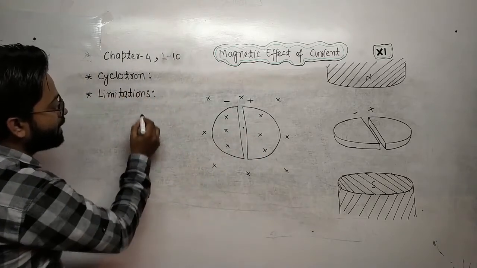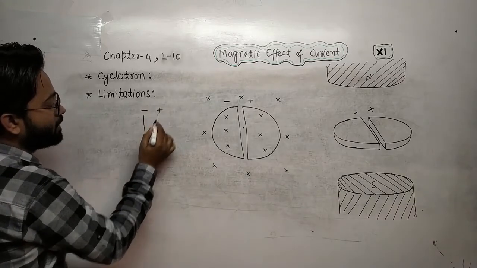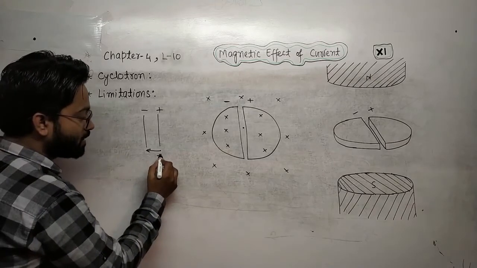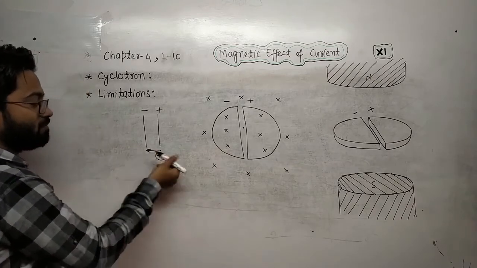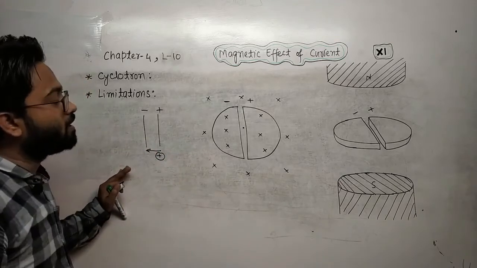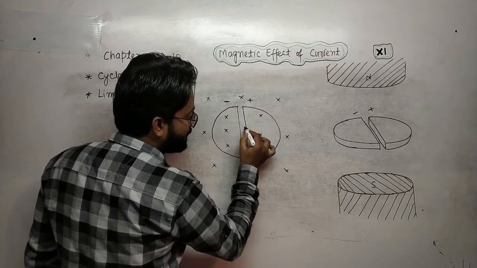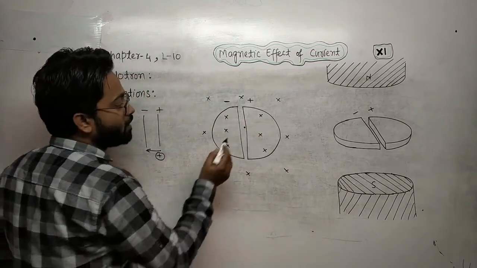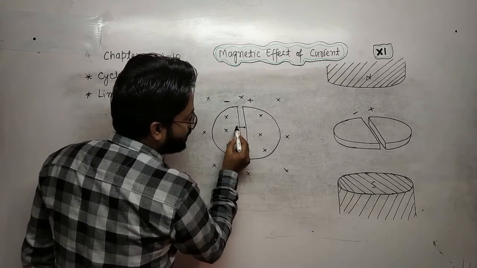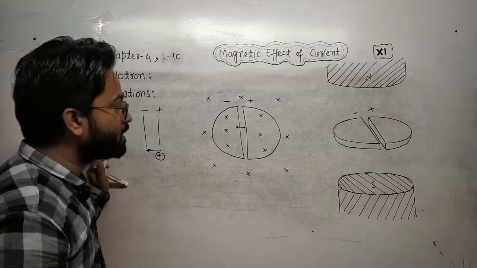We have studied that if one plate is positive and the other negative, the electric field will be in this direction, and the charged particle will move toward the negative plate. The charged particle will be attracted toward the negative plate.